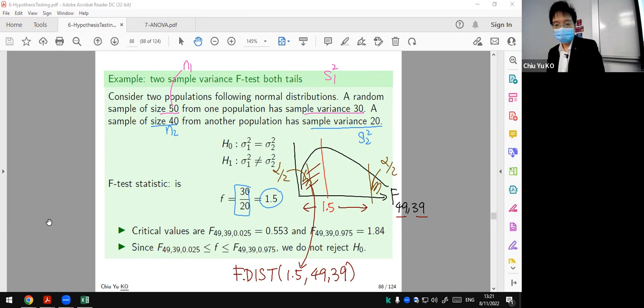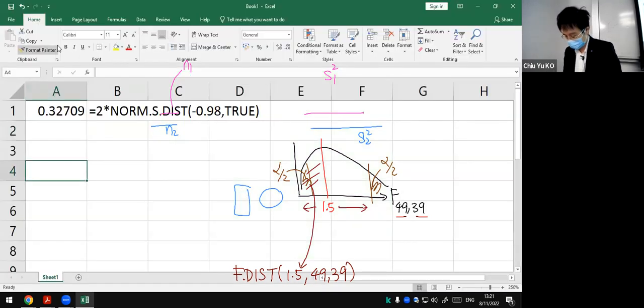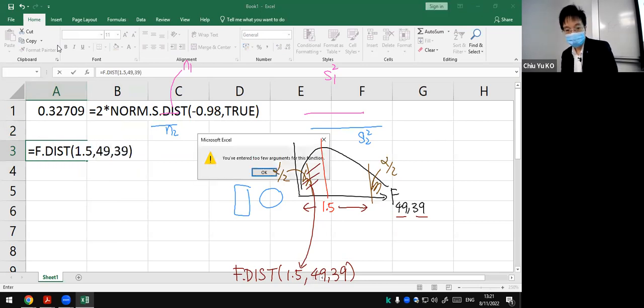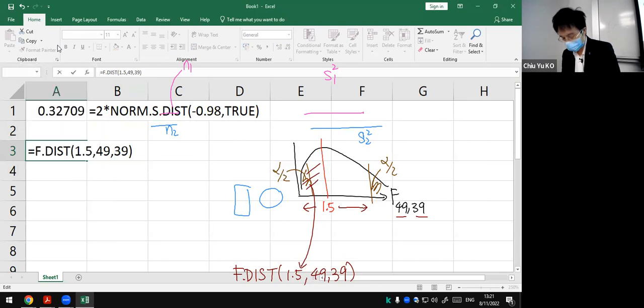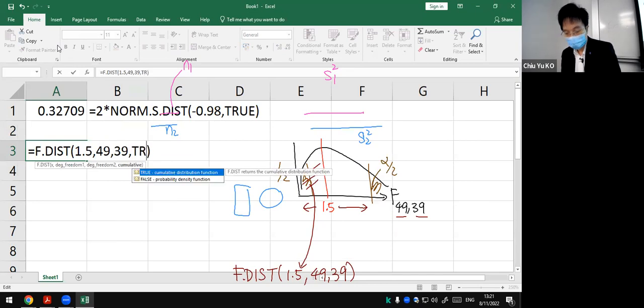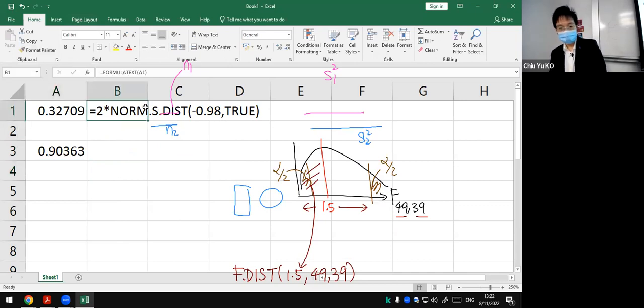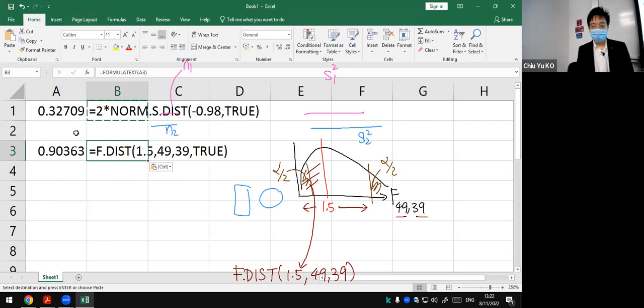So let's do it. That will be F.DIST of 1.5, 49, 39, and TRUE, sorry, I forgot the TRUE. So you can see this is 0.9, which means that actually 1.5 is deep inside the region.